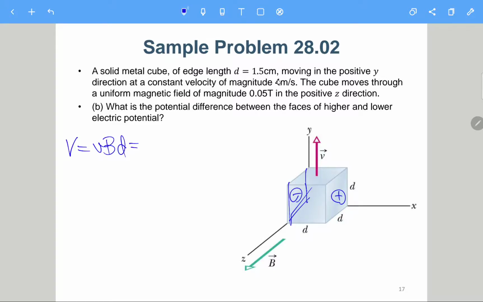So v is this velocity, 4 meters per second, b is 0.05, and small d is 1.5 centimeters, which is 0.015. So this is 3 millivolts. Not a large voltage, but it is measurable.